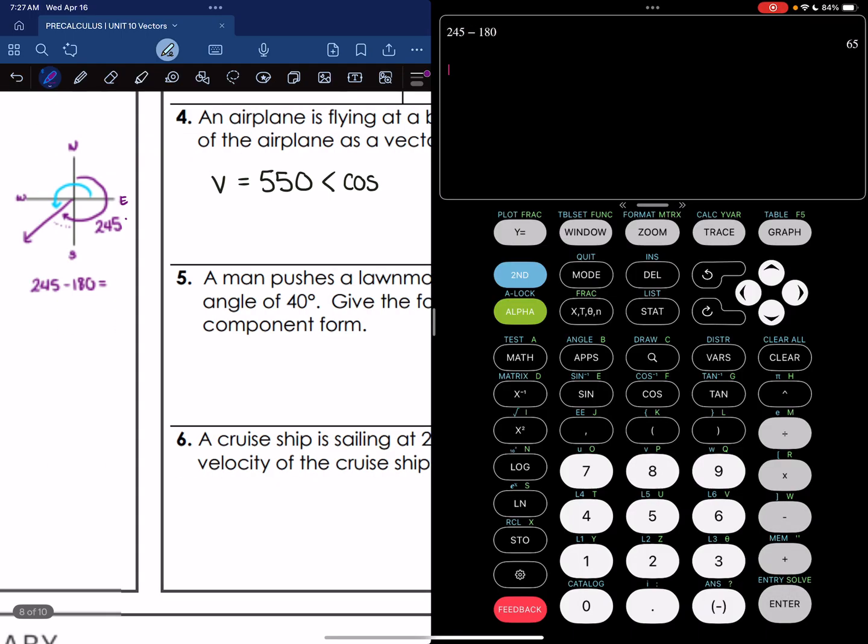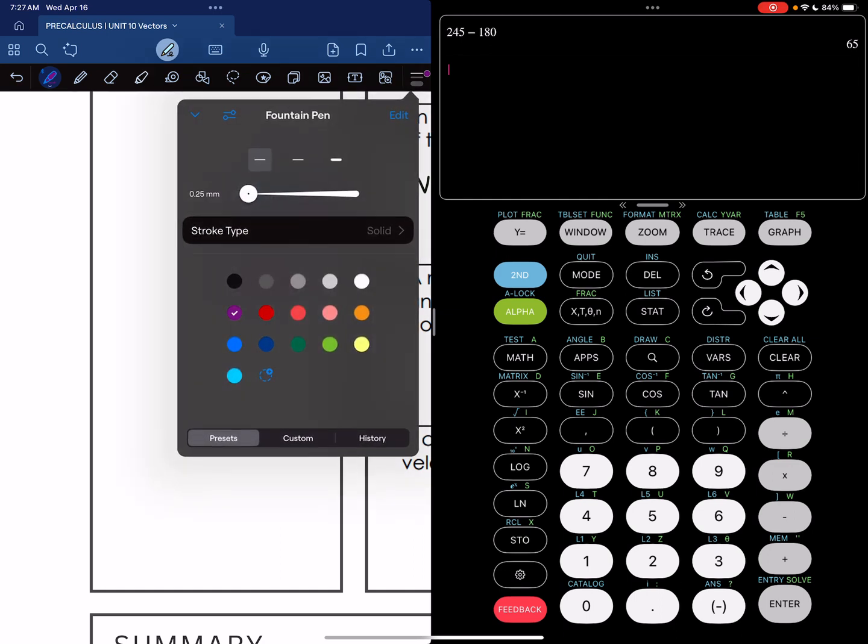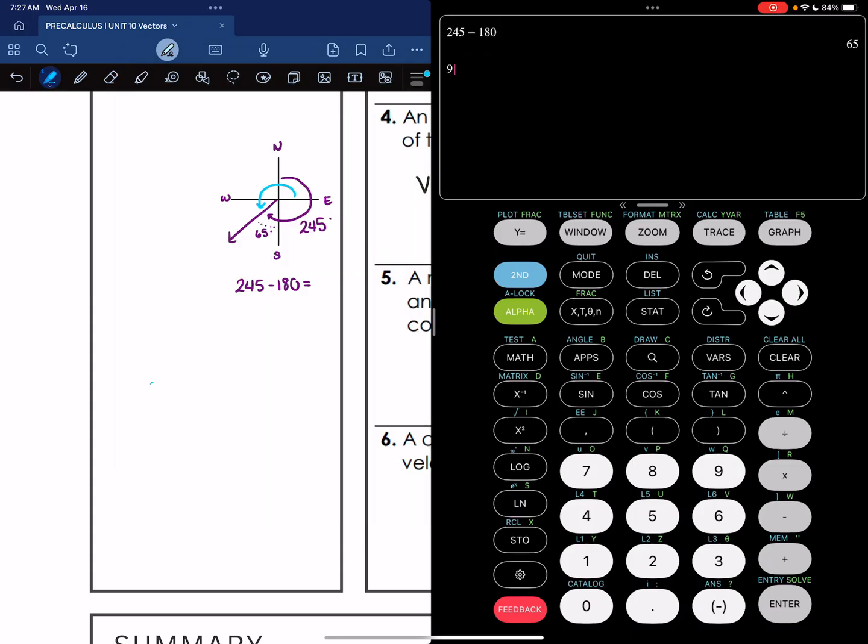So this part right here is 65, which means that right here, 90 minus your 65 is 25. And add to that your 180, and that means that this angle here in standard form is 205 degrees.